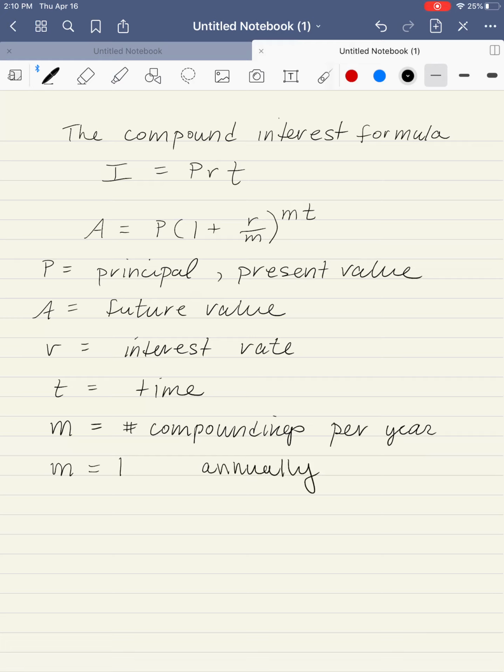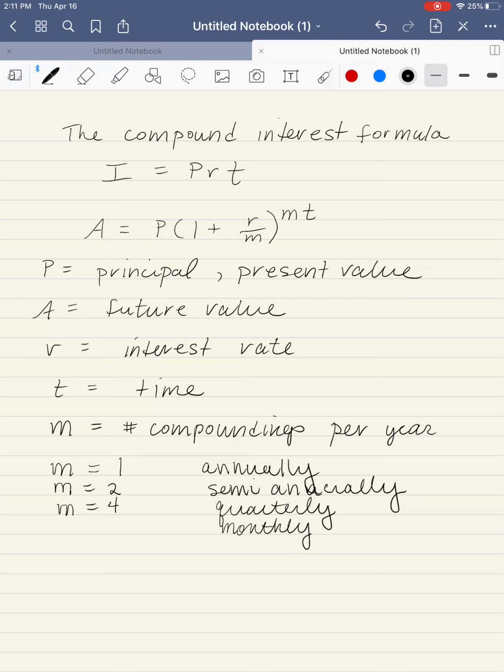So if it's compounded once a year, annually, M equals 1. If it is compounded twice a year, that's called semi-annually, M is 2. If it is compounded quarterly, that means 4 times a year, so M is 4. Monthly, there are 12 months in a year, so M is 12.